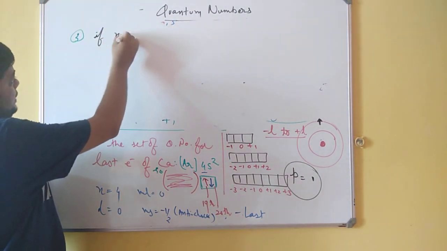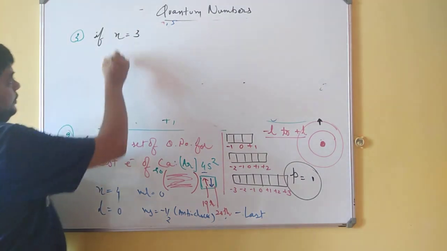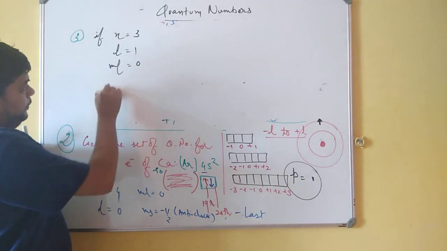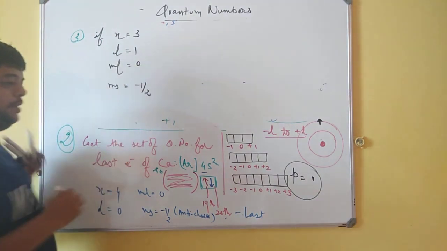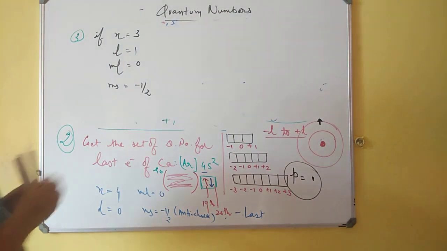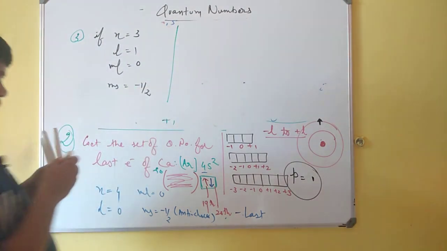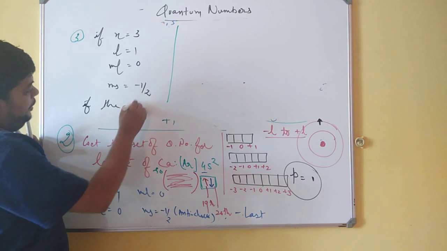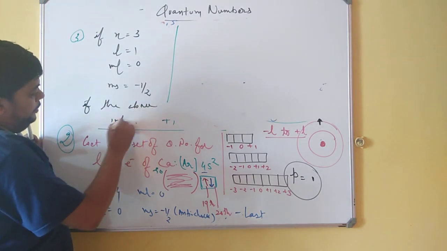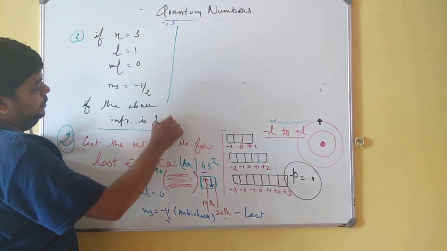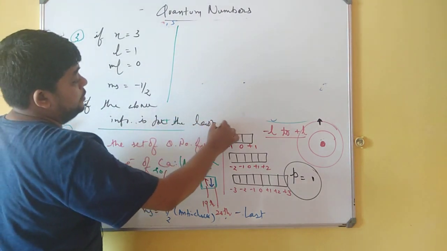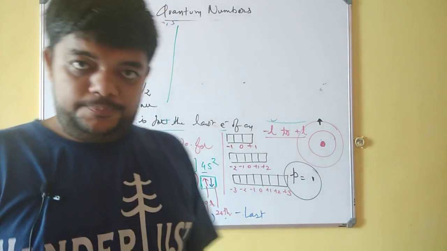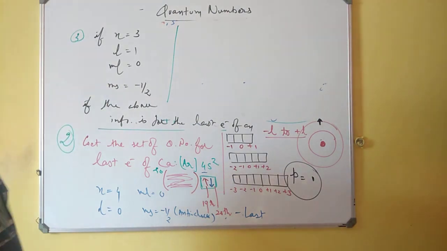If n is equal to 3, L is equal to 1, ml is equal to 0, and ms is equal to minus 1/2, if the above information is for the last electron of an atom, what is that atom?